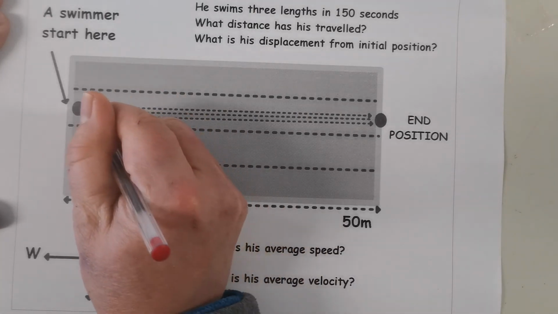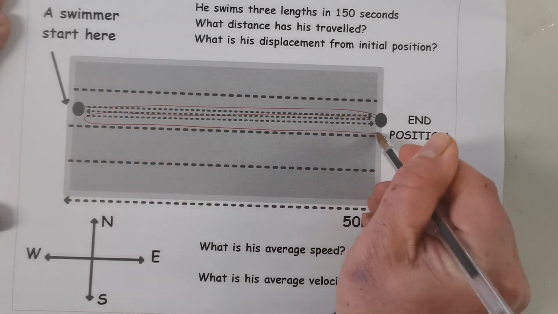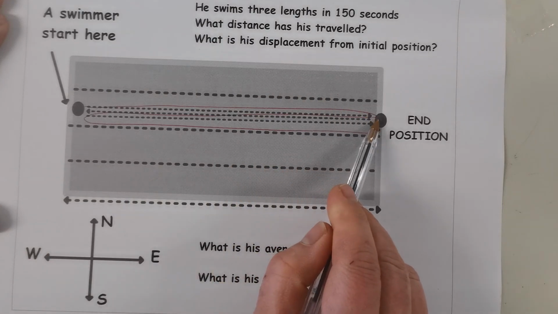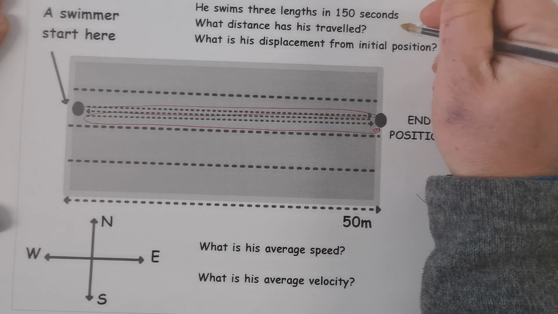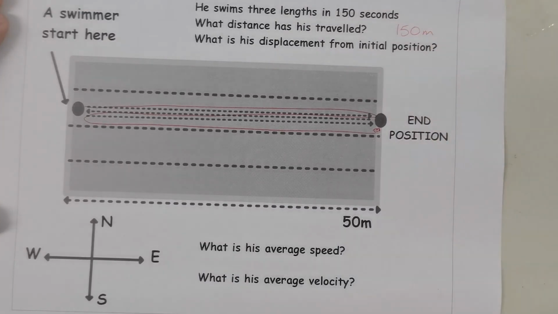So he's doing this. What distance has he travelled? Well, he's gone 50 meters, then 50 meters back, then 50 meters. So he's travelled 150 meters.